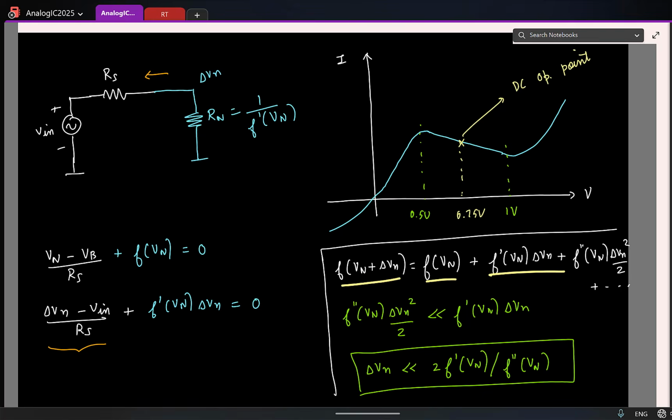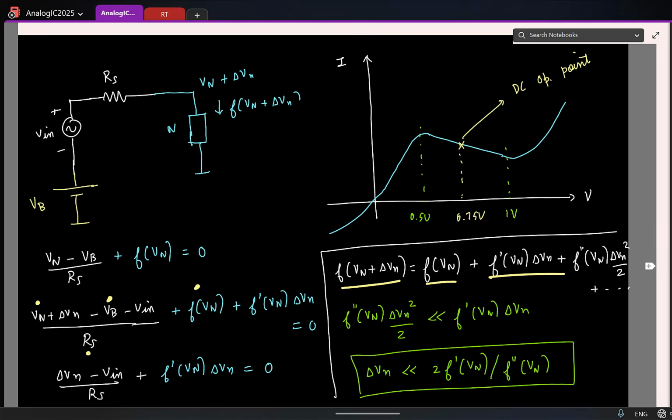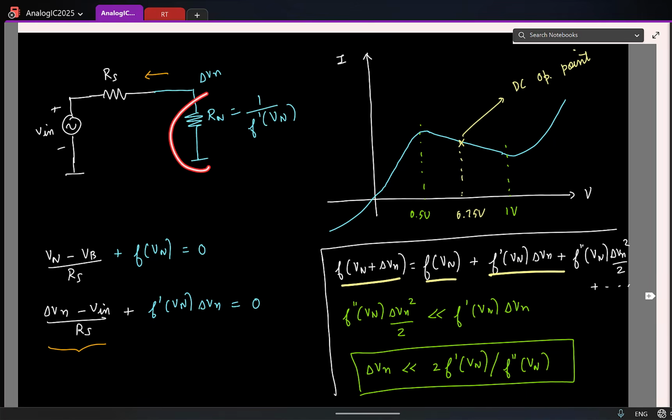So now basically this is a simple linear circuit. We can solve for it. In fact, we started from there. We know that it's a voltage division between Rn and Rs. Now it's easy to solve. So if you look at the top level picture, what we have done is the following. I had a nonlinear device, but as long as my input signal of interest is smaller than this quantity, I can convert that nonlinear device into a linear device, and in this case the linear device is a resistor.